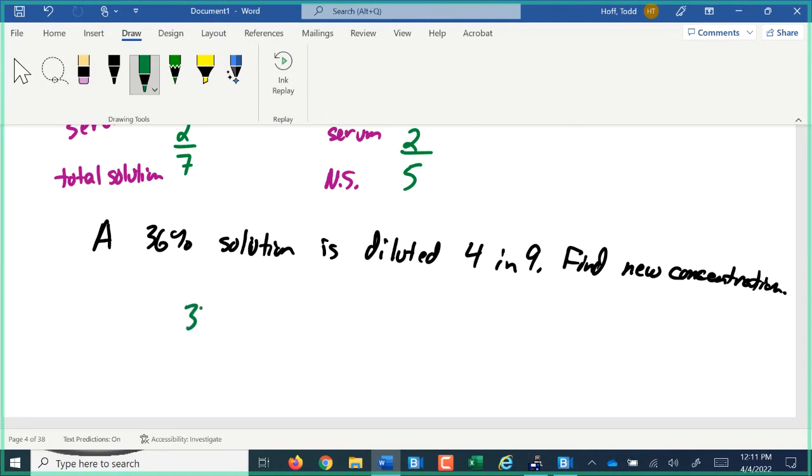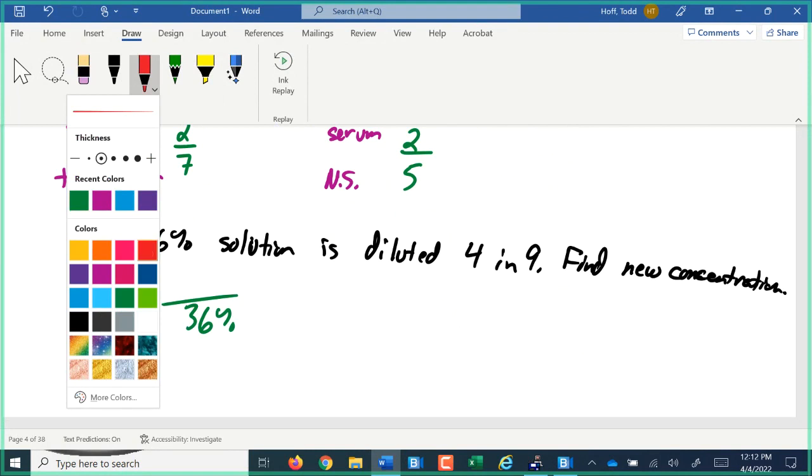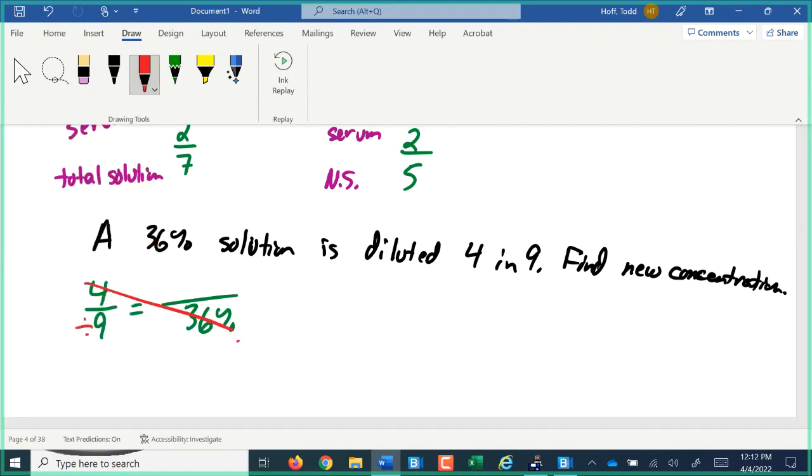Well, here we simply take our 36%, not 34%, 36%, and we use the 4 to 9 dilution. The new concentration will be smaller, so the new concentration goes with the 4. The 9 goes with the 36. We just cross multiply and divide. 4 times 36 divided by 9 gives us 16%. So that diluted solution will be 16% concentration.